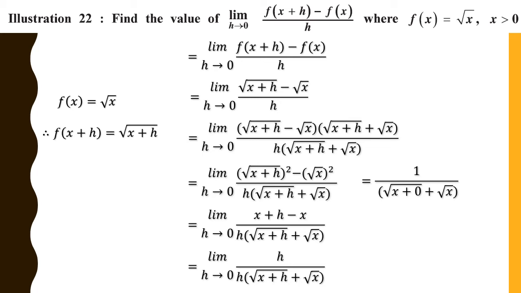So both the h's will be cancelled, and what we will be left with is 1 upon root x plus 0. Why 0? Because h tends to 0. So we are going to write 0 into that equation. We would be left with 1 upon root x plus root x. That makes it 1 upon 2 root x. Yes, that's how we are going to do it.